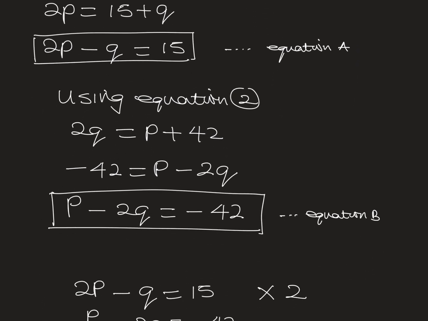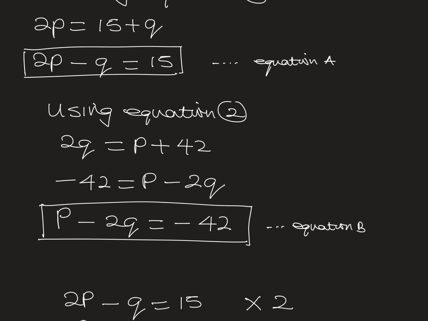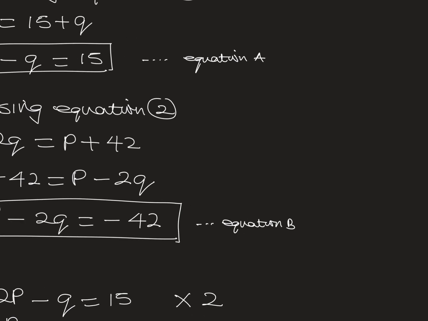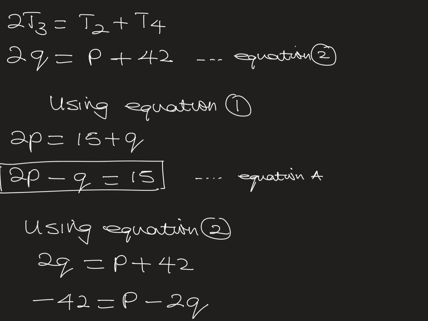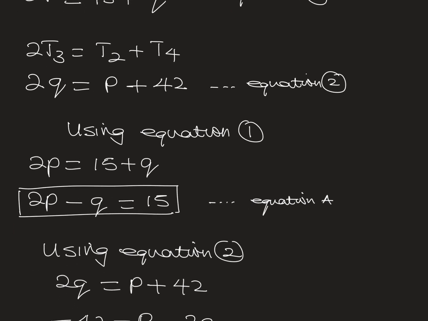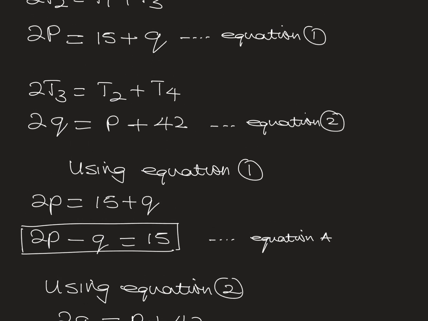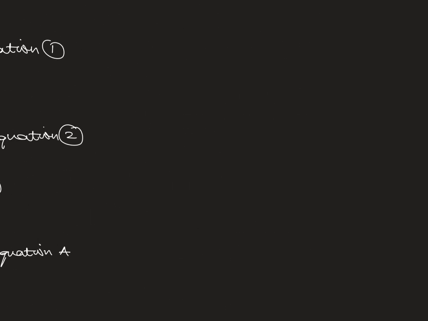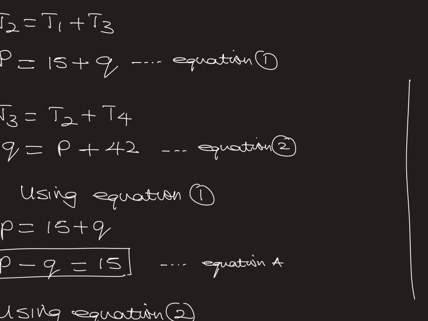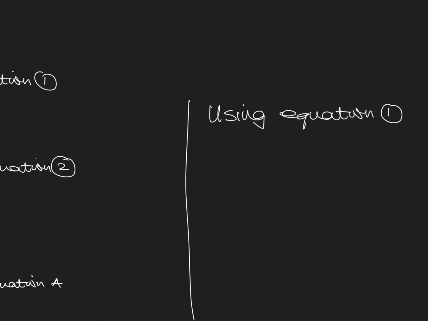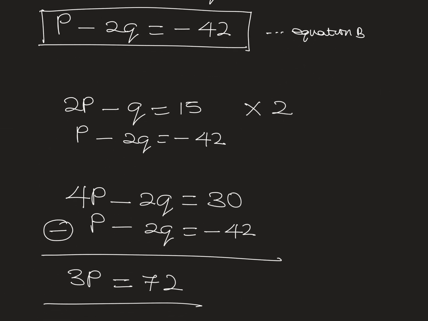Okay, if I want, I can use equation 1, which is 2p is equal to 15 plus q. So using equation 1, what do we have for p?